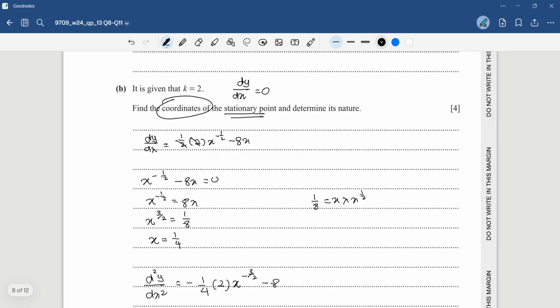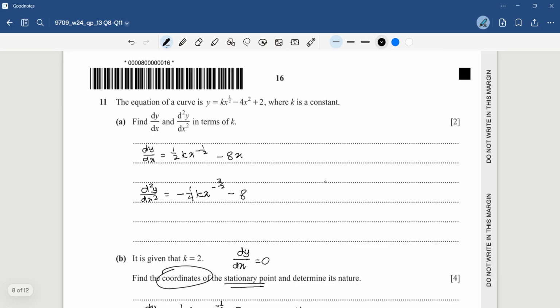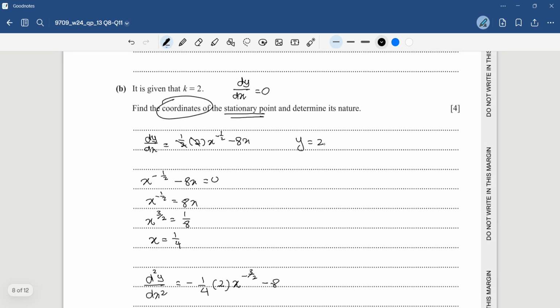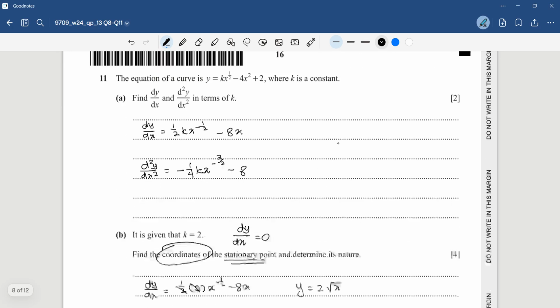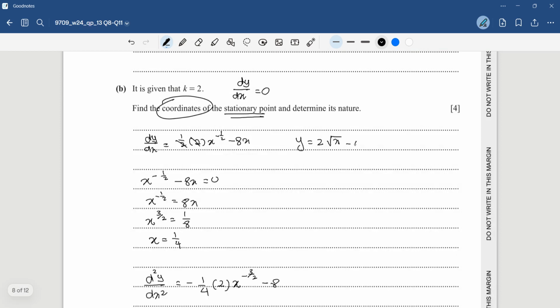Since the question asks for coordinates, we need to find the y value also. My y is equivalent to 2 root x minus 4x plus 2. So when my x equal to 1 over 4, my y is equivalent to 2 root of 1 over 4 minus 4 times 1 over 4 plus 2.